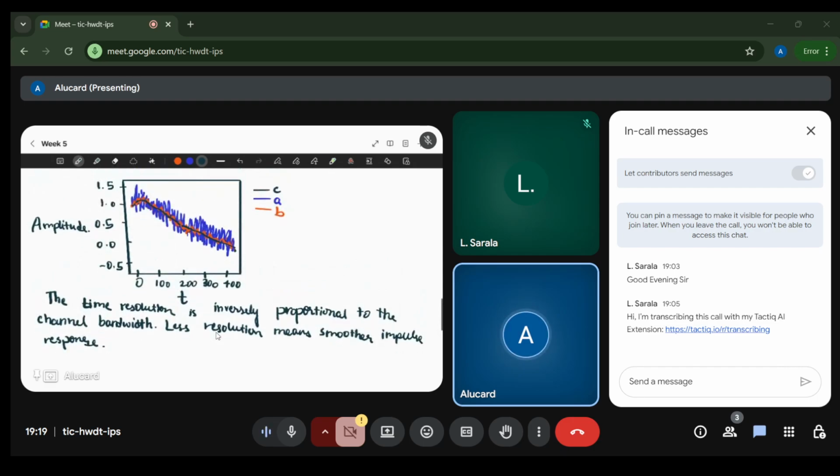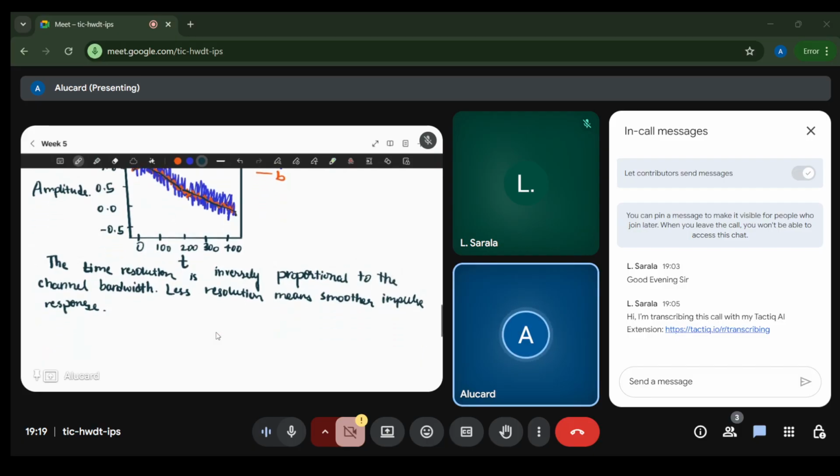So the one which has the smoothest impulse response will have the smallest resolution in time, and that will have the largest bandwidth. So out of the three curves, you have to look at which one of them has the highest time resolution. That will give you the answer.